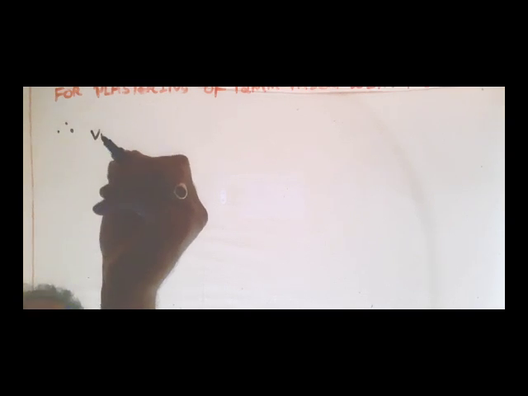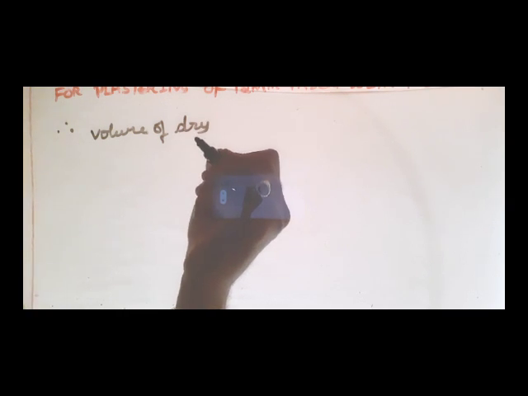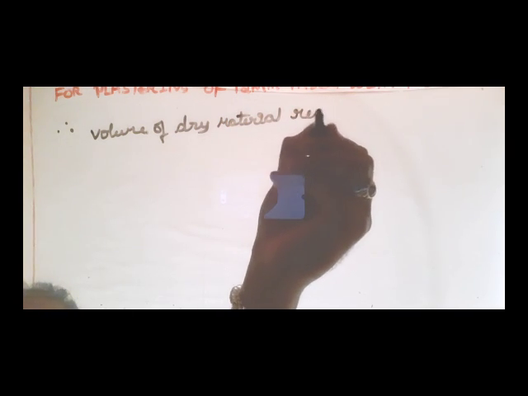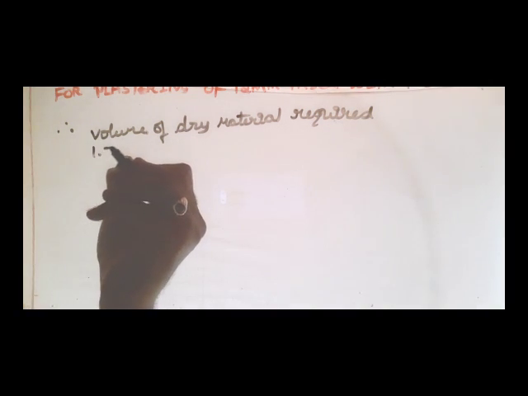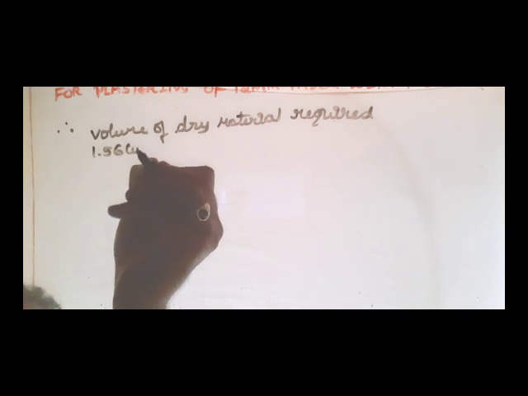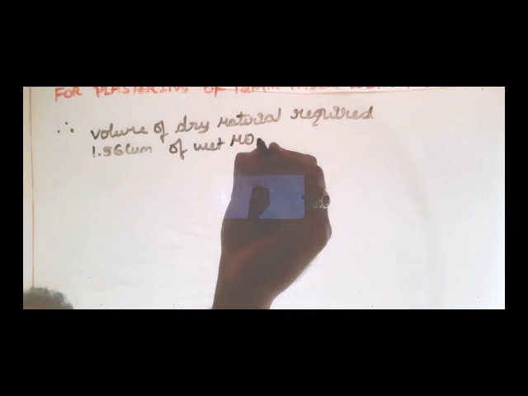Therefore, the volume of dry material required, how much? 1.56 cubic meter of wet mortar.